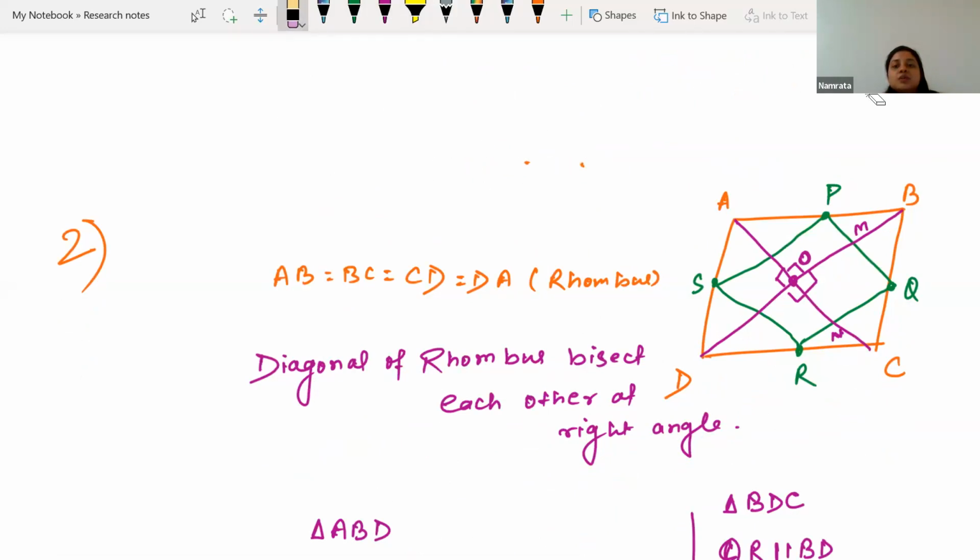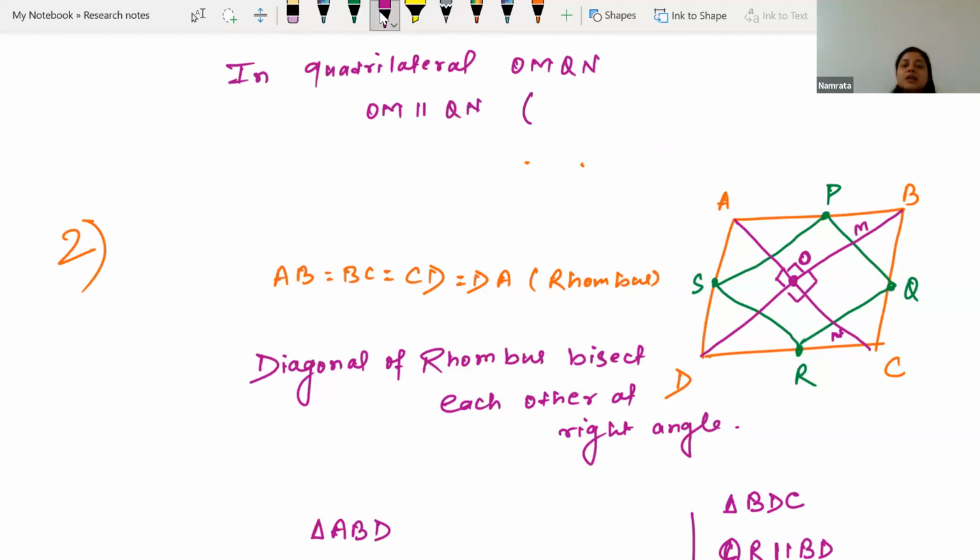In quadrilateral OMQN, we can say that OM will be parallel to QN.